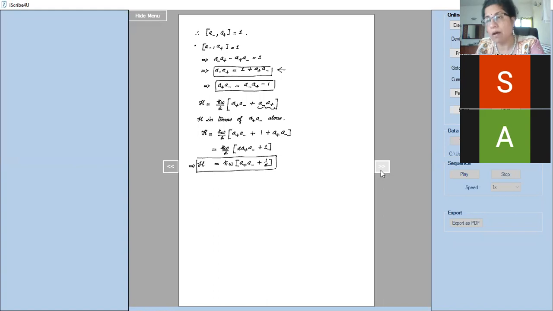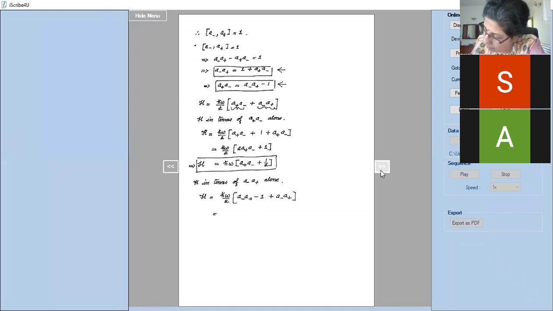Now we can go further. We can do the Hamiltonian in terms of a− a+ alone. When we want to do it in terms of a− a+ alone, we say H is equal to ħω/2, and then instead of a+ a−, we use this expression, a− a+ − 1, and then we have, of course, plus a− a+.